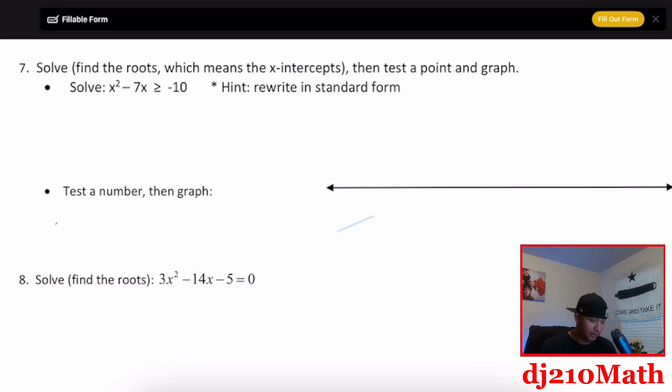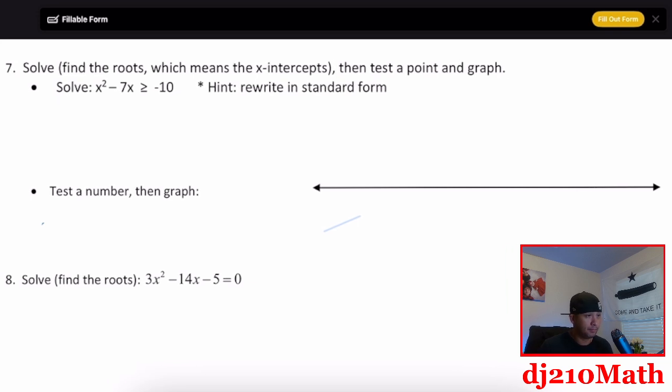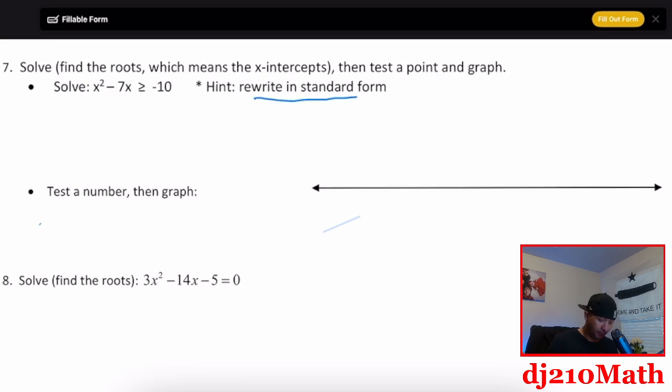Okay. Find the roots, which means the x-intercepts, then test a point on the graph. Hint, rewrite in standard form. So remember, in standard form, we have everything to one side, typically the left, and it's going to be equal to 0.